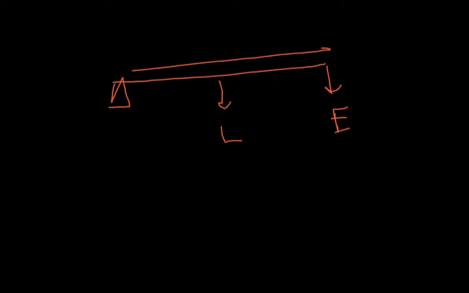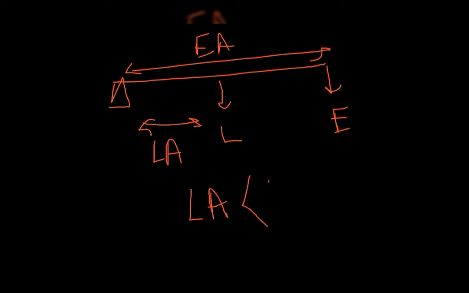Now if you draw the load and effort, if you can see this clearly, this is the effort arm, and this will be the load arm. You can always see that the load arm is obviously less than the effort arm. In this case MA is always greater than 1.